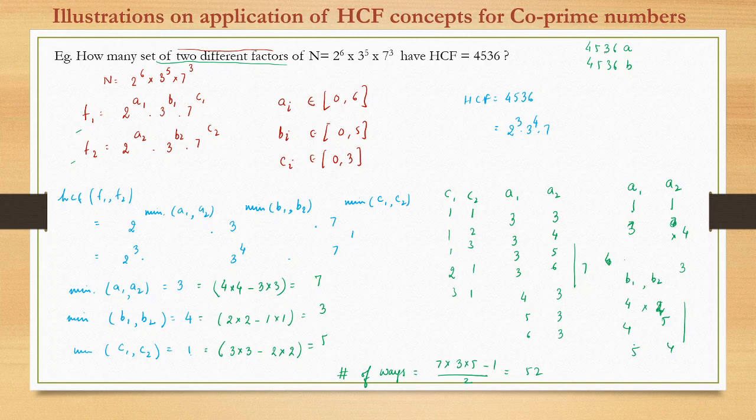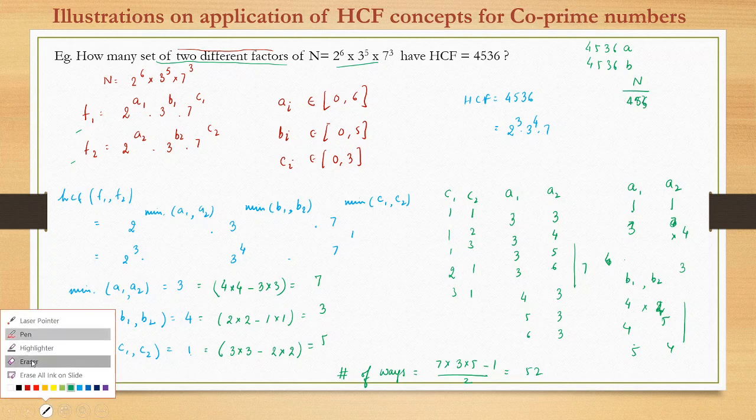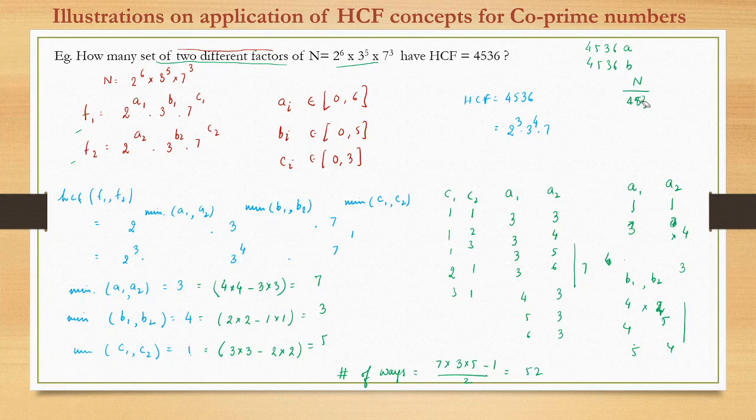So it means this number n is a multiple of 4, 5, 3, 6. So can we write n upon 4, 5, 3, 6.